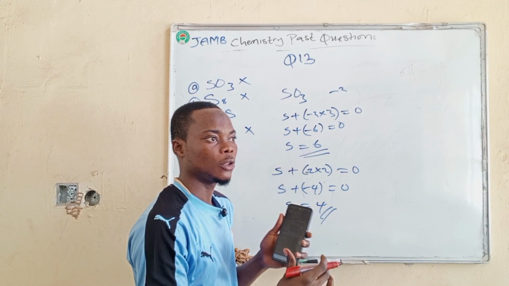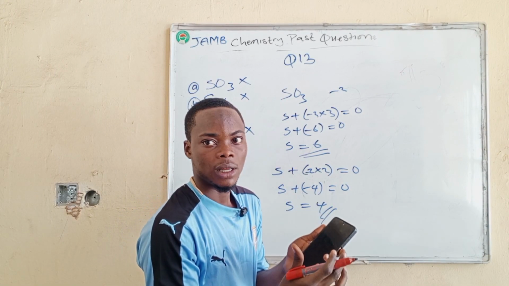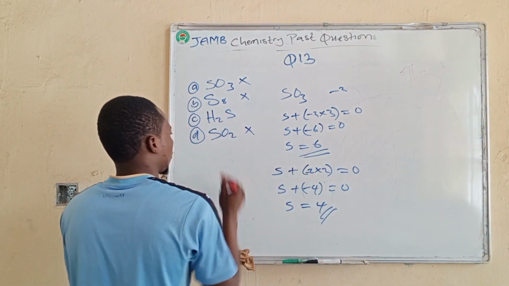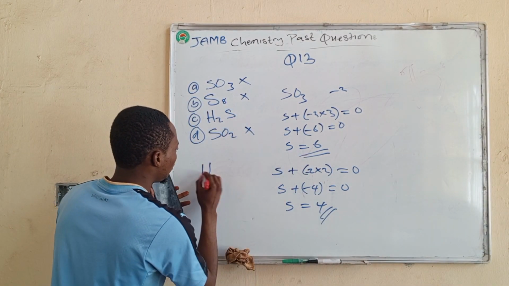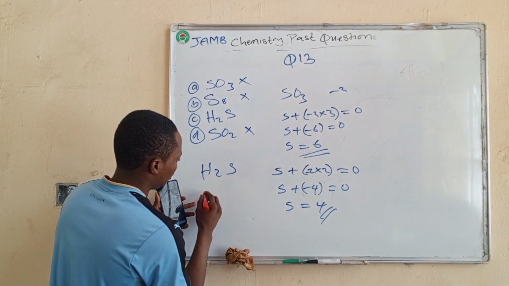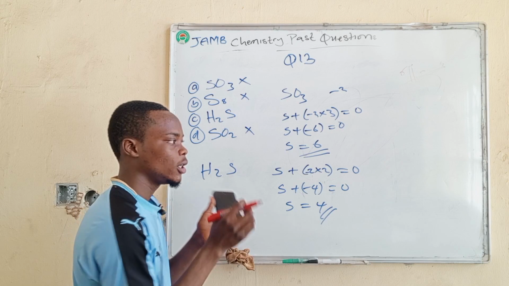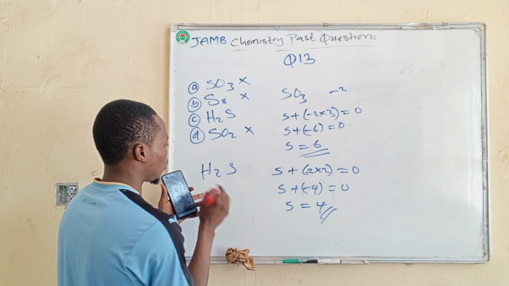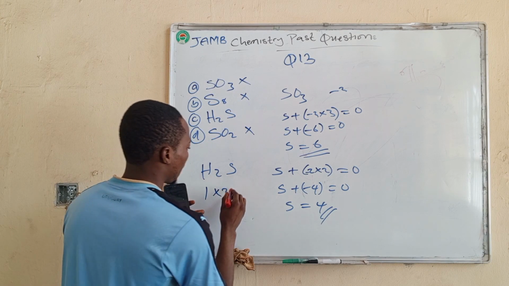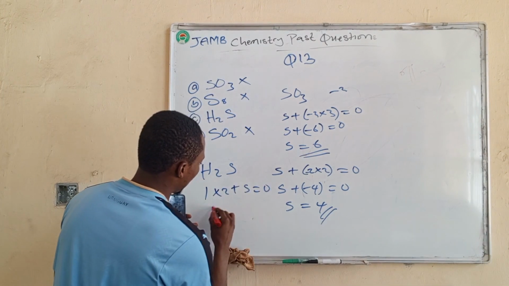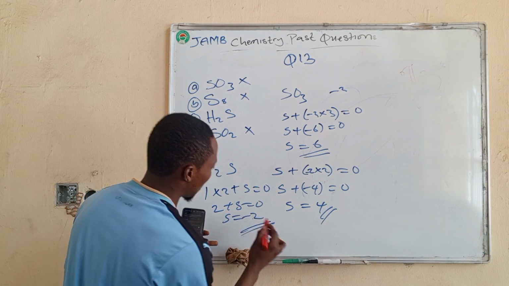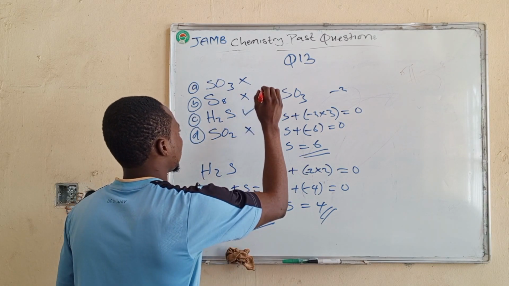You use this elimination method to solve questions so that you can arrive at the correct answer. Now, let's solve this one, H2S. If you are finding the oxidation number of sulfur, what is the oxidation number of hydrogen? The oxidation number of hydrogen is 1. 1 times 2 is 2, plus X is equal to 0. X is equal to -2. So that's the answer. The answer here is this.